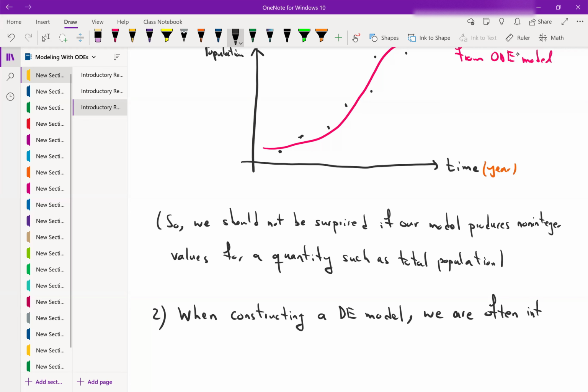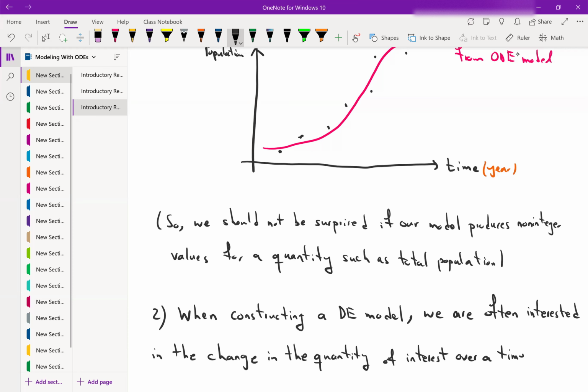interested in the change in the quantity of interest over a time interval delta t.